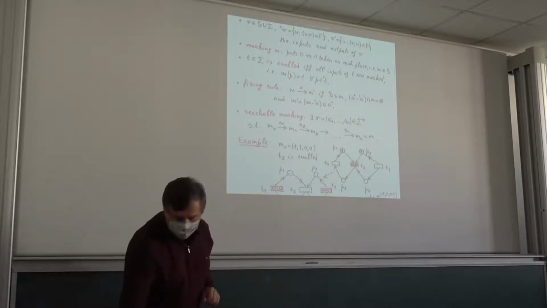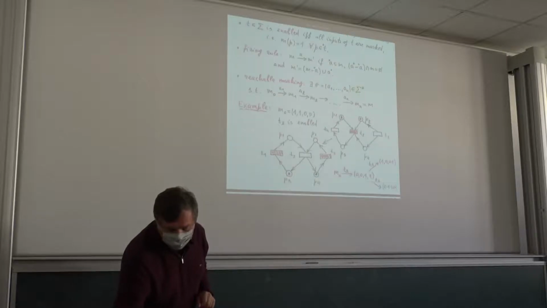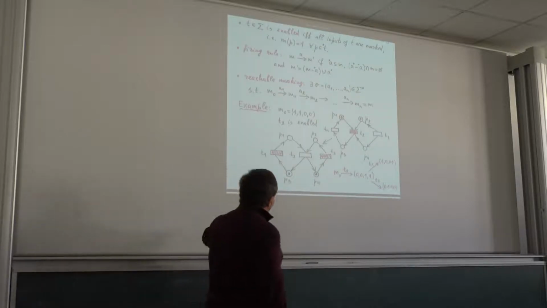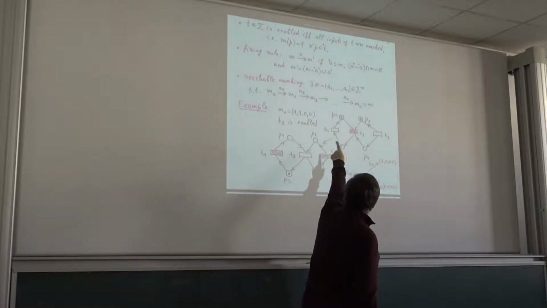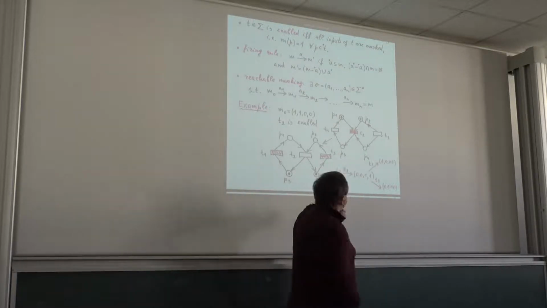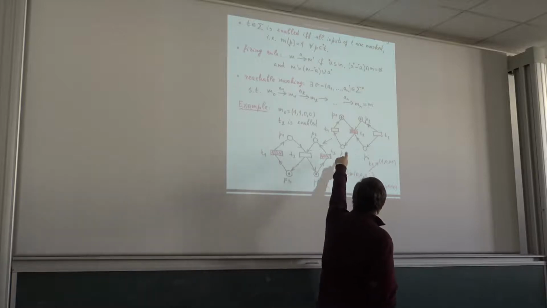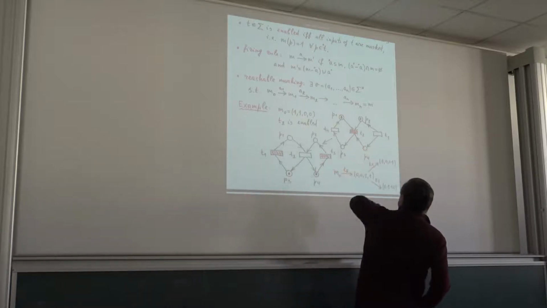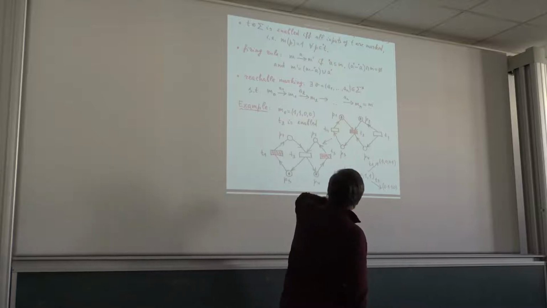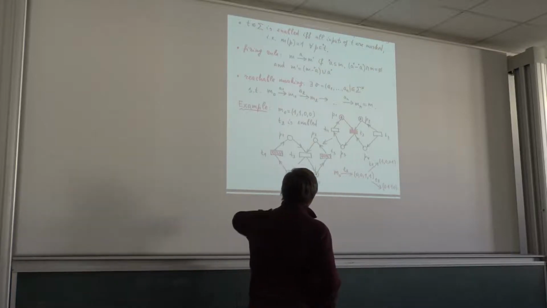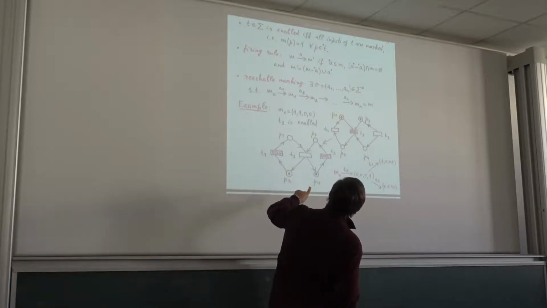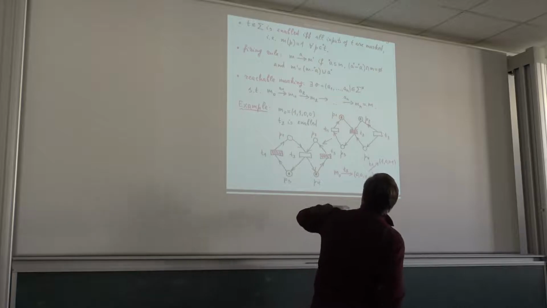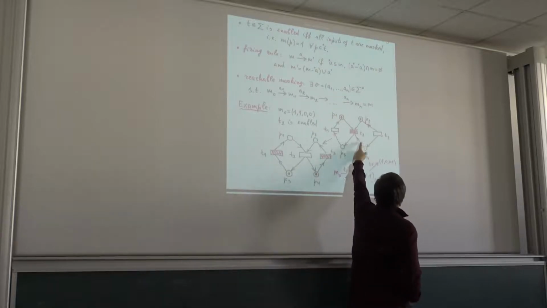And this is an example, but I make an error in this example. So you have this Petri net, and imagine that you have tokens on P1 and P2, and then you fire this transition, and when you fire this transition, then you will get... I make some error. I think the error is that you have arcs here.